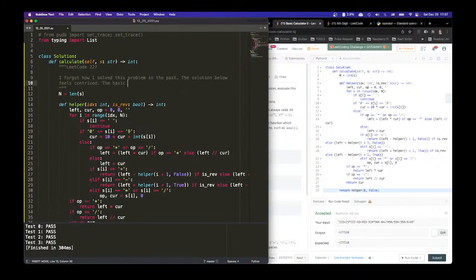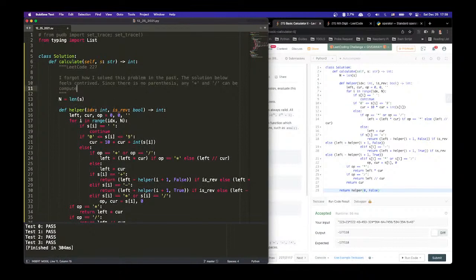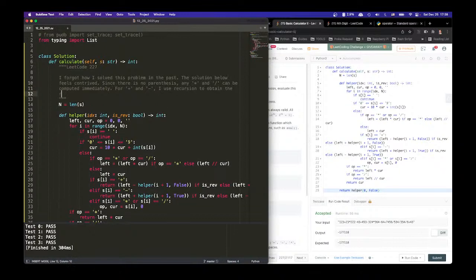Well, the basic idea is since there is no parentheses, any multiply and divide can be computed immediately. For plus and minus, I use recursion to obtain the right-hand side, right?